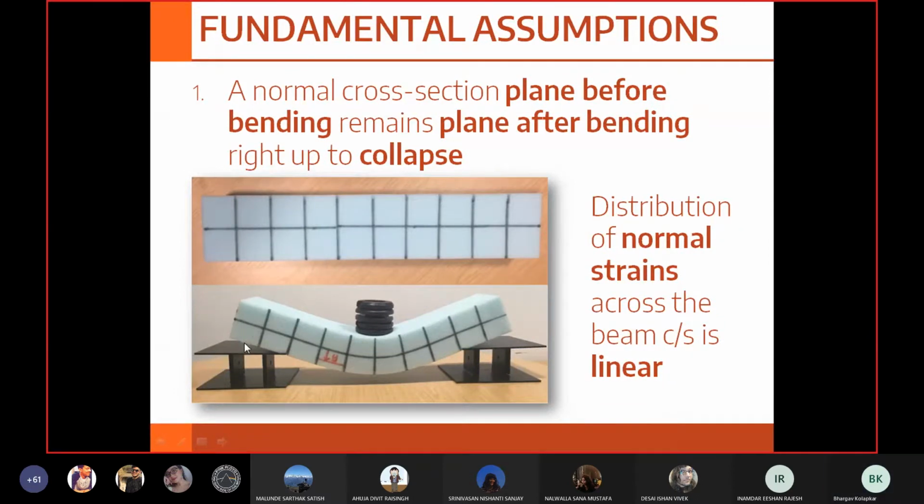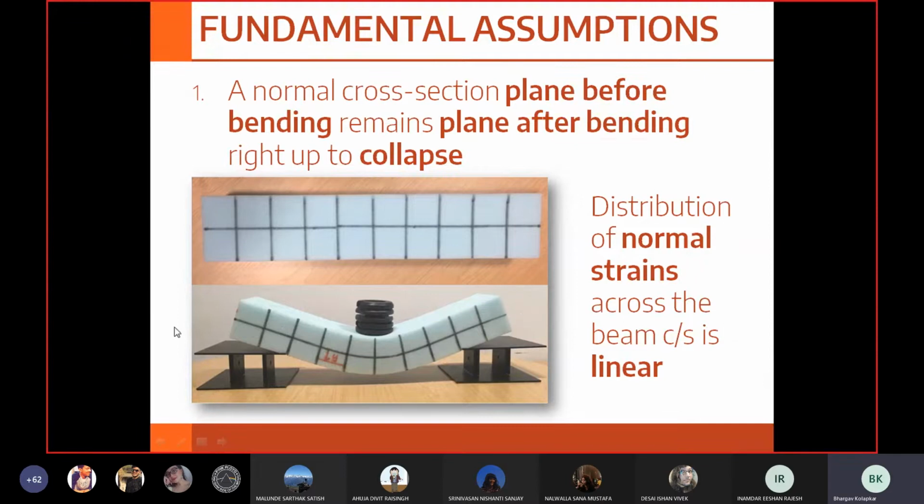Okay, the black line that you see is drawn exactly at the center, because since this is a homogeneous material, you can expect that this line will behave as a neutral axis, meaning that this line will not undergo any strain after loading, meaning that the length of the straight line that you see here is exactly equal to the length of this curved line that you see.